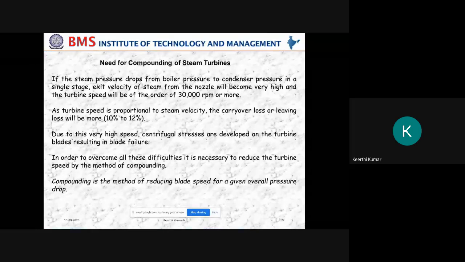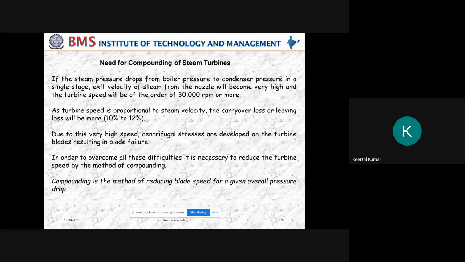This entire point you can write if it is asked what is the need of compounding. The need of compounding is to reduce the speed of the turbine, to reduce the loss, also called carryover loss, to increase the number of stages, and to reduce blade failure. So these are all the needs for compounding.